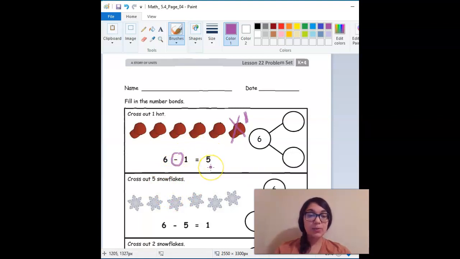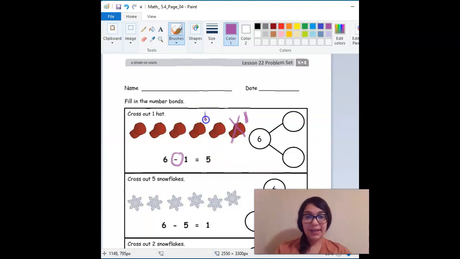So it's telling us that we should have how many hats left over? Get ready. Yes, 5. Let's count our hats to make sure that we still have 5 hats left over. Get ready. 1, 2, 3, 4, 5. How many hats do we have left over? Get ready.